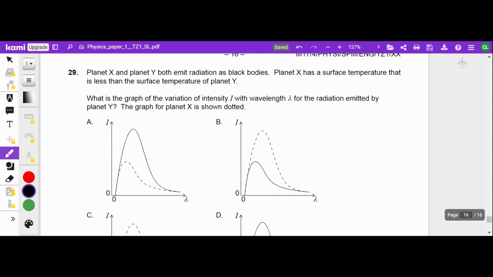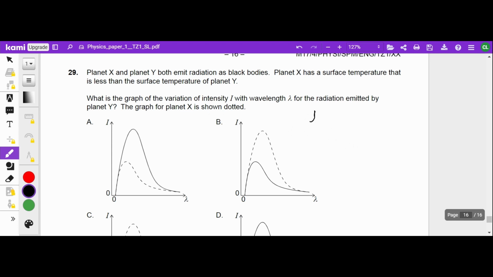Planet X and Planet Y both emit radiation as black bodies. Planet X has a surface temperature that is less than the surface temperature of Planet Y. What is the graph of variation of intensity I with wavelength lambda for the radiation emitted by Planet Y? The graph for Planet X is shown dotted.